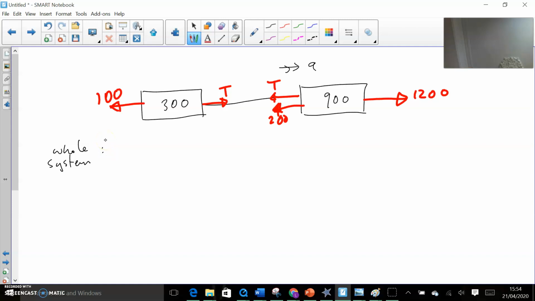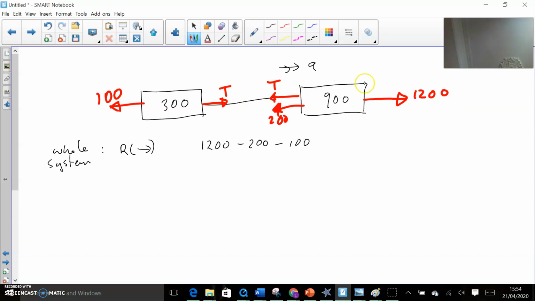And we're going to use Newton's second law of motion, which means, and we always write this, resolving. When we're using Newton's second law as a vector law, we have to use it in a direction. So we're doing it in the horizontal, in the direction of the acceleration. So for the whole system, we have 1200 minus 200 minus 100.